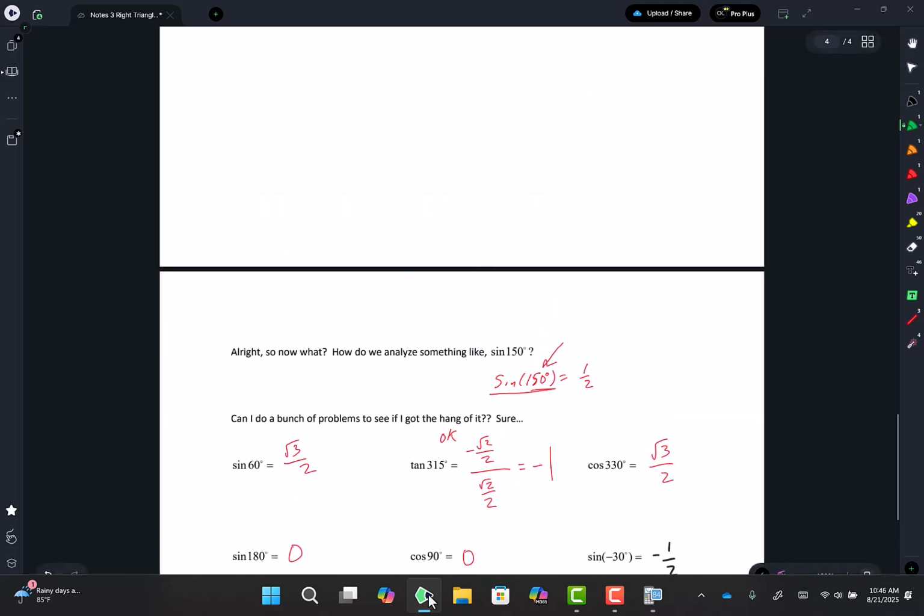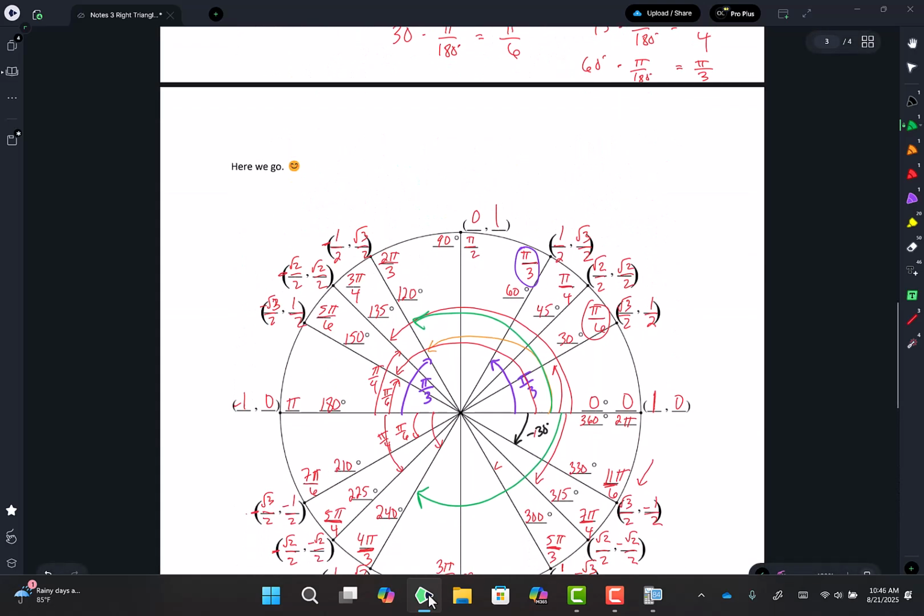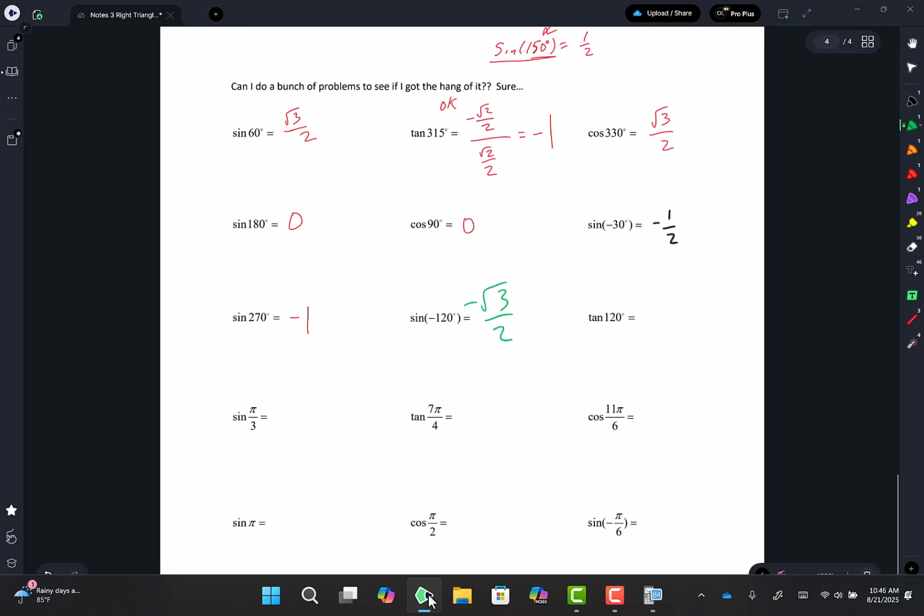Tan of 120. Y over x, go to 120. Y over x. So I'm going to write square root of 3 over 2. That's a positive y. And the x is a negative 1/2. That's an okay answer. A better answer, the 2's cancel out. Negative square root of 3. If you put this answer here, I would count it correct because that's still correct.